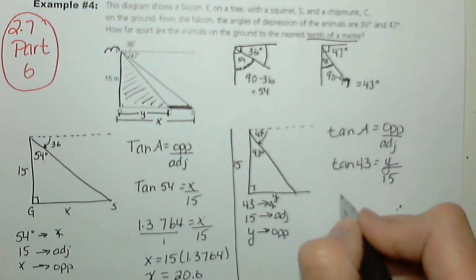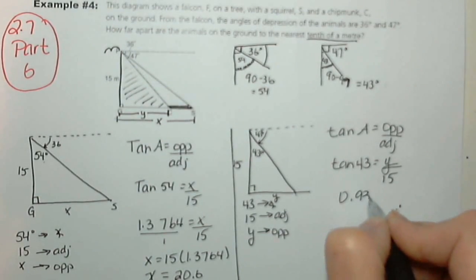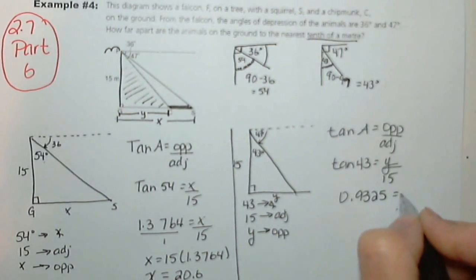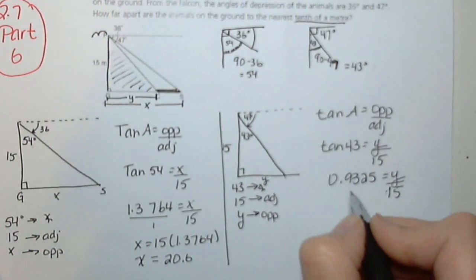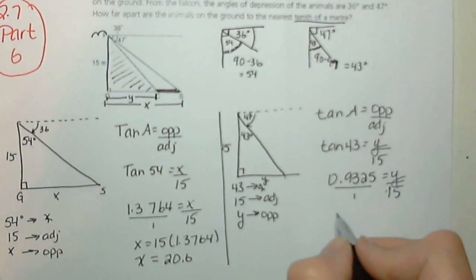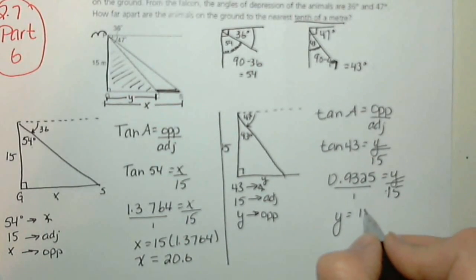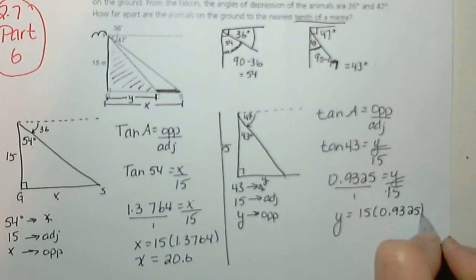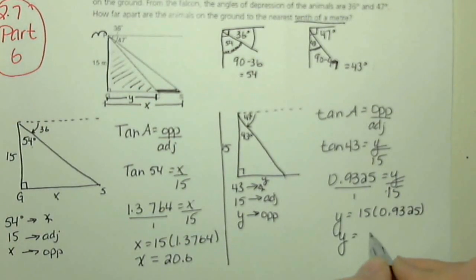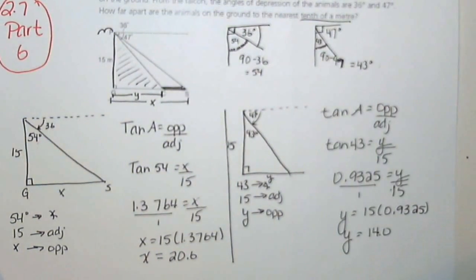The tan of 43 is 0.9325, which is equal to y over 15. Putting this over 1, let's cross multiply. Y is equal to 15 times 0.9325. And to the nearest tenth, y will be 14.0 when you round correctly.